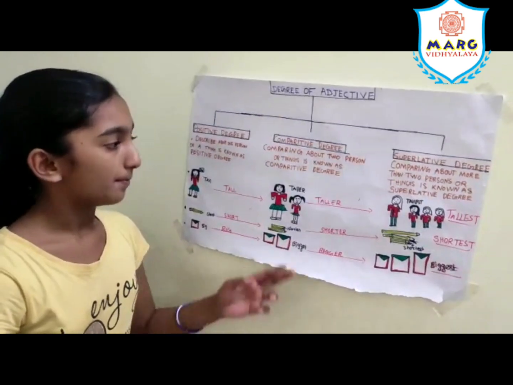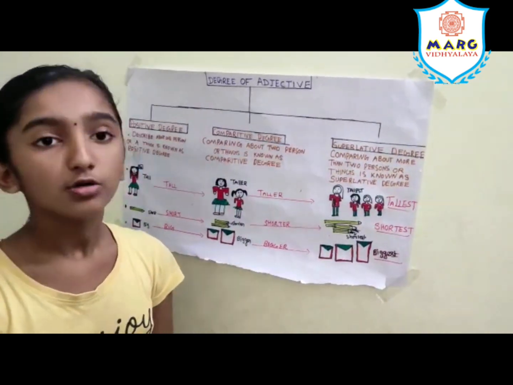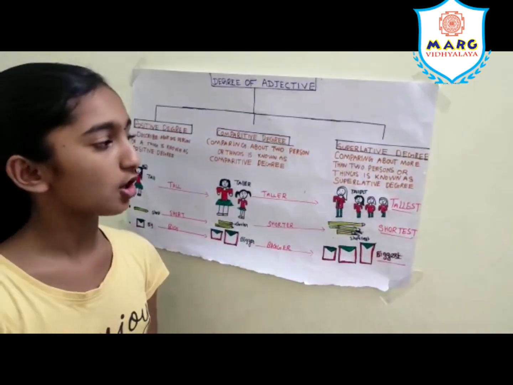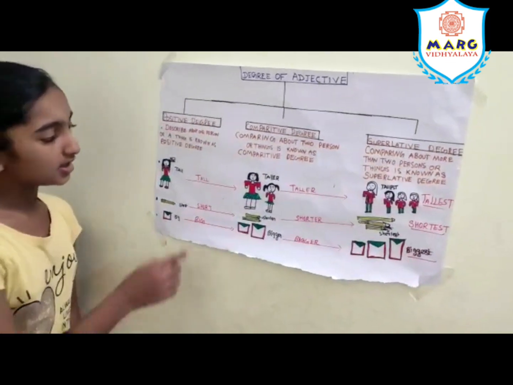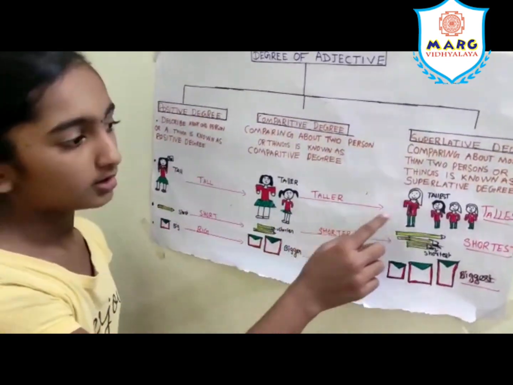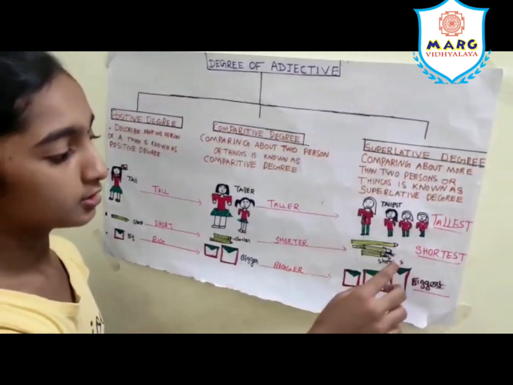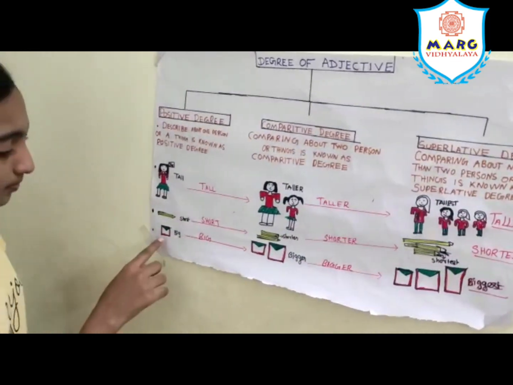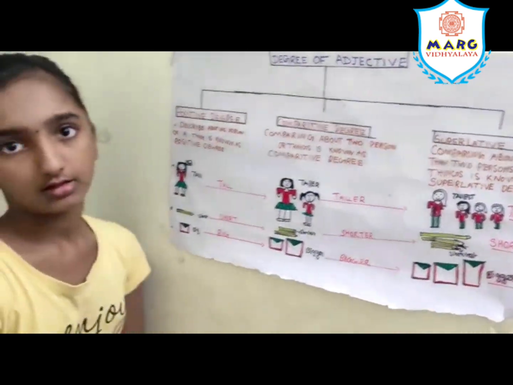Superlative degree compares more than two persons or things. For examples: tall, taller, tallest; short, shorter, shortest; big, bigger, biggest.